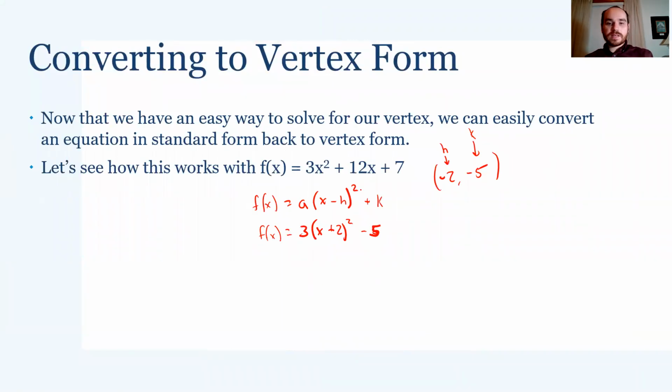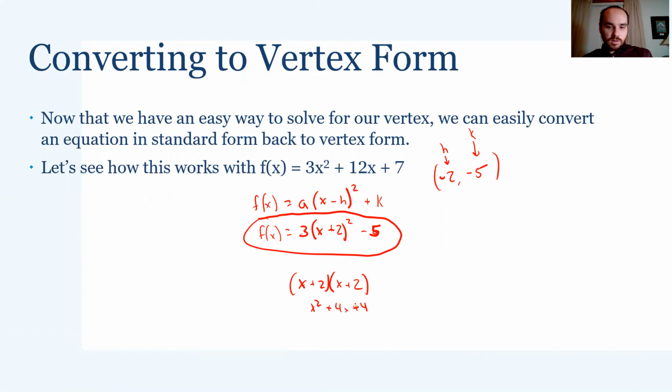And then if we want, we can calculate it back just to double check and make sure. So if we FOIL this out, we've got x plus 2 times x plus 2. This is the answer, but in order to check it, we can convert back. X plus 2 times x plus 2 gives us x squared plus 4x plus 4. It's kind of convenient.